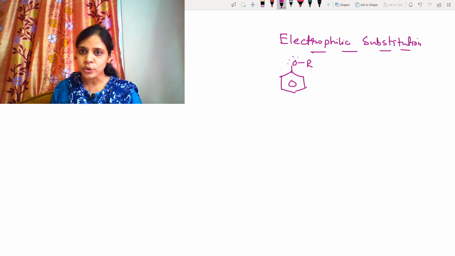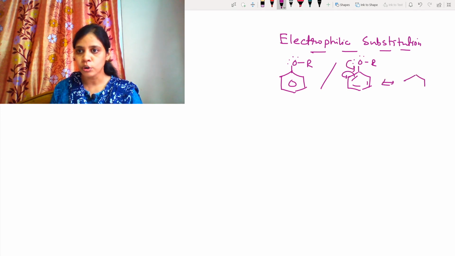If we do the resonance with the aromatic ether, at which position does the negative charge come? The negative charge comes at ortho and para.